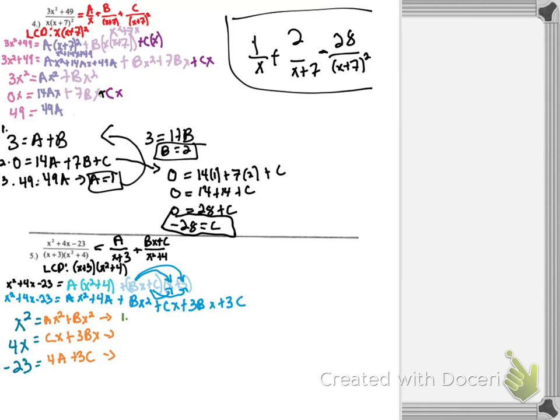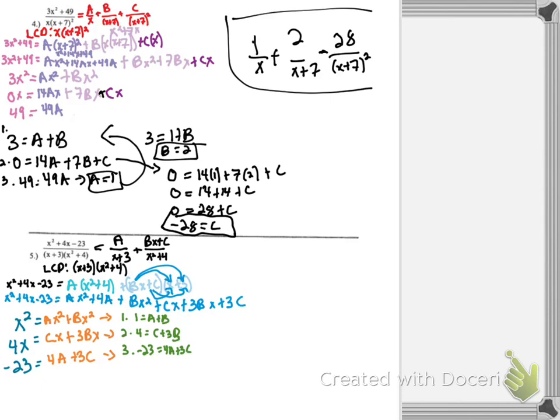So I have 1 being 1 equals a plus b. We have 2, which is 4 equals c plus 3b. And then we have 3, which is negative 23 equals 4a plus 3c. So all of them only have 2 of the variables in it.